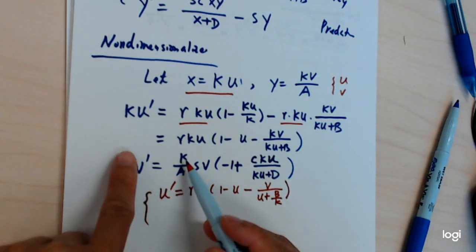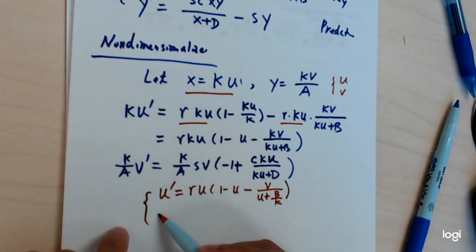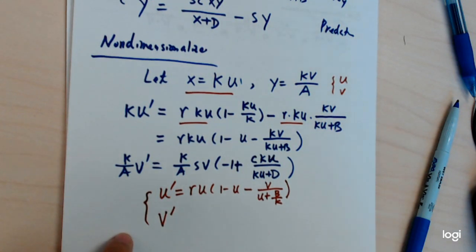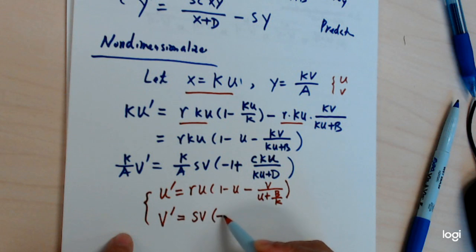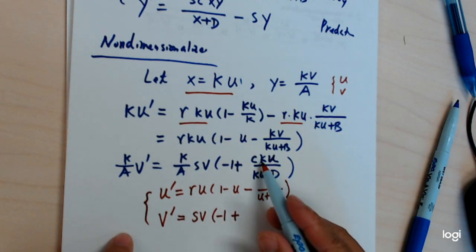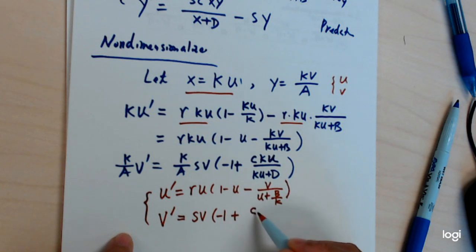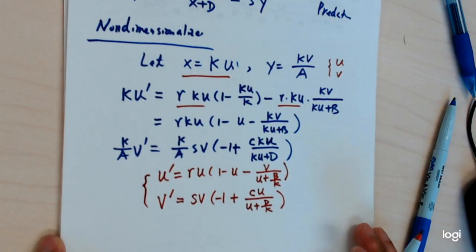K over a, this factor gets cancelled out. I get an equation for v. Similarly, I divide the top and bottom by k.